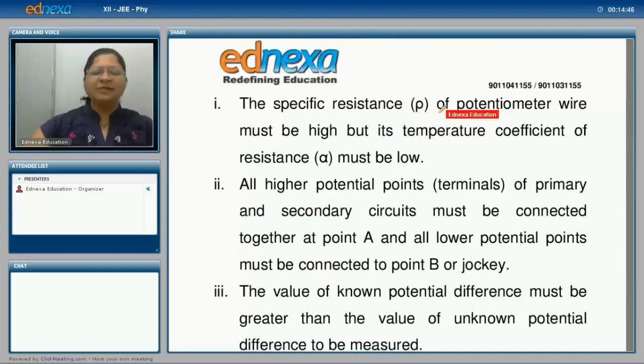Now, the specific resistance of the potentiometer wire must be high, but its temperature coefficient of resistance alpha must be low. Remember this condition whenever you are using any wire as a potentiometer wire: its specific resistance should be high, but the temperature coefficient should be low.